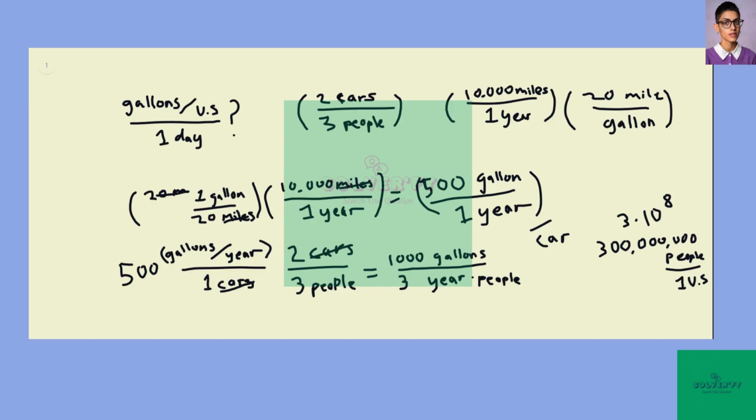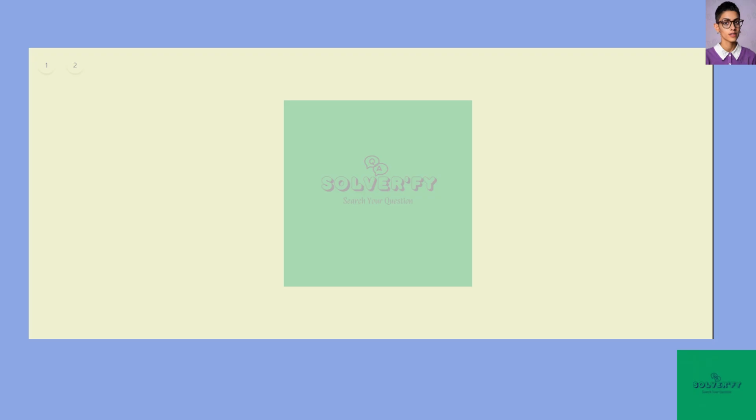Let's transfer this over to the next page. So we have 1,000 divided by 3 gallons per year per people. What we want to do now is exchange people for US.